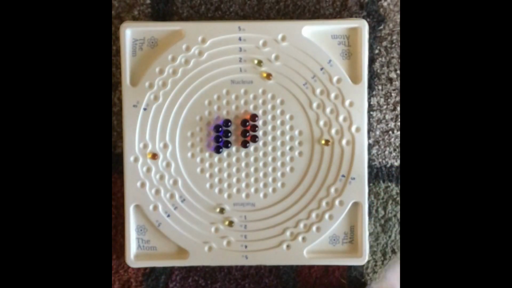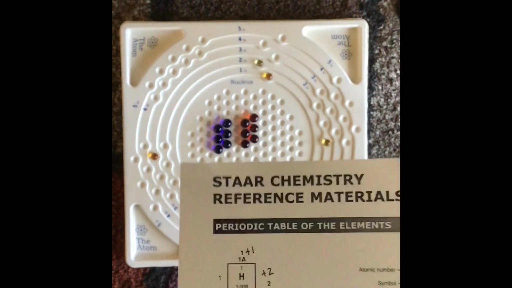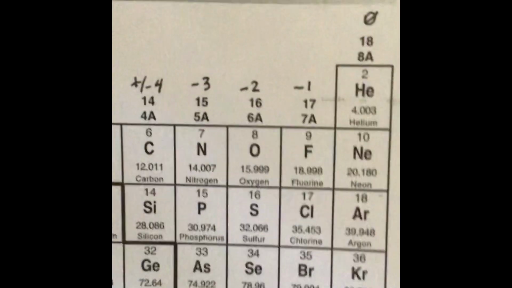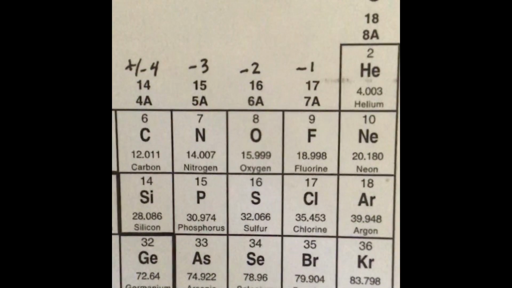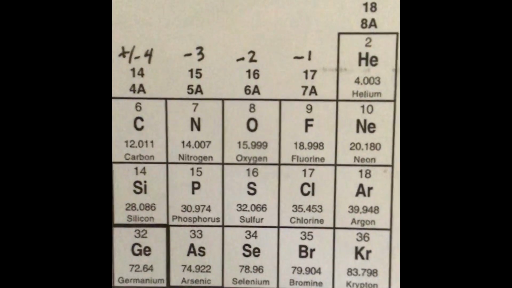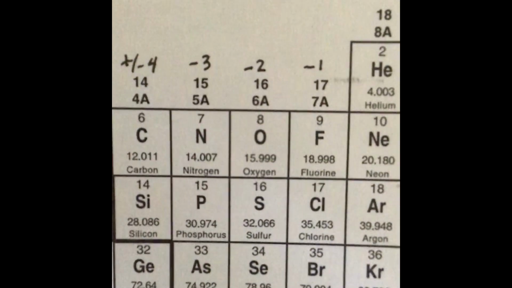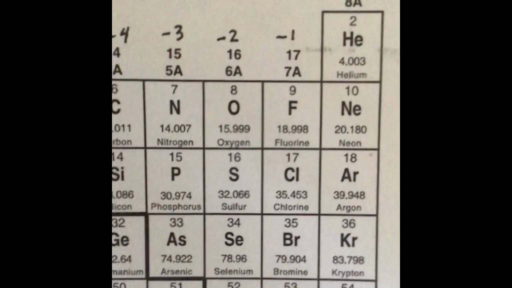All right, let's build another atom. Let's look at the fluorine atom. So let's look at our periodic table, figure out how many protons, neutrons, and electrons we're going to have. How many protons should it have? That's right, 9. And what's the mass number?